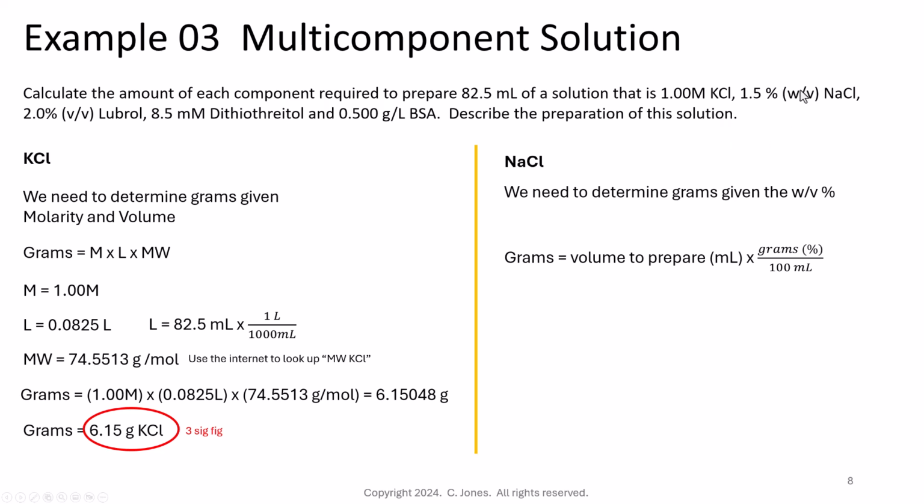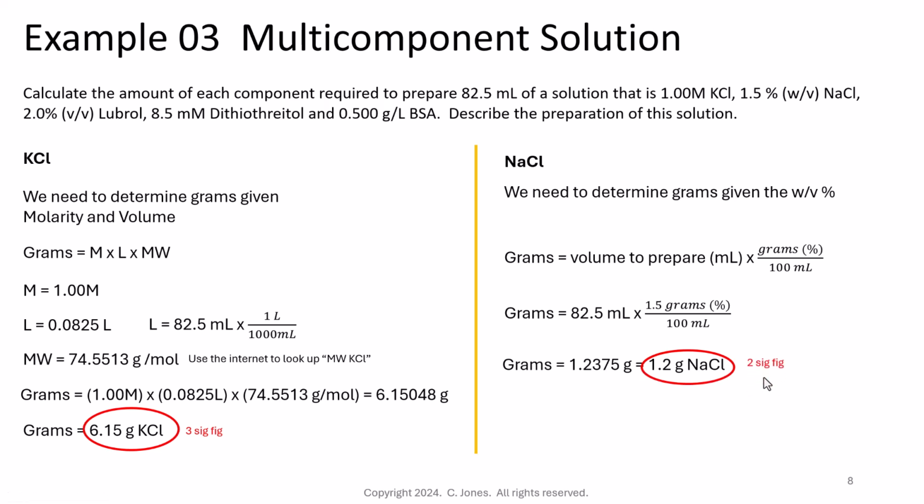Since this is a percentage, we are calculating a concentration with units of percent, there is no need to know the molecular weight of NaCl. Whenever dealing with percents, there is no need to know the molecular weight to solve the percentage problem. So we just plug the numbers in, 82.5 mLs times 1.5 grams, that's our percentage per 100 mLs. That equals 1.2375 grams. If we round this, because there's only 2 significant figures here, this becomes 1.2 grams of NaCl.